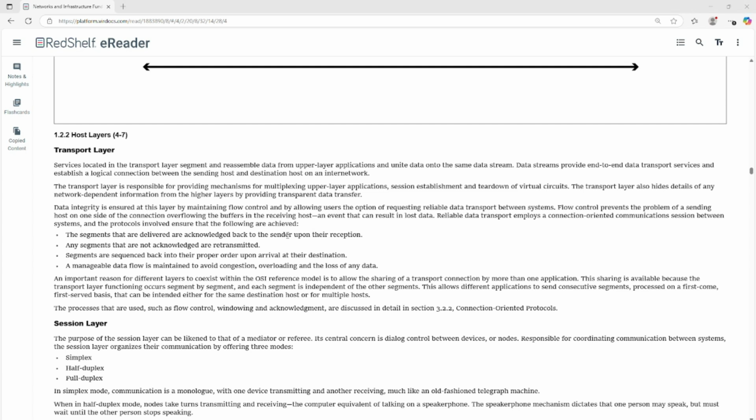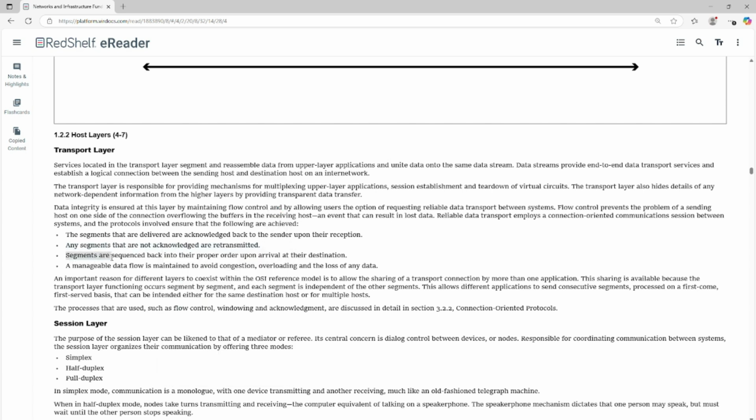And how is reliable data ensured? It is ensured when the segments that are delivered are acknowledged back to the sender upon their reception. Any segments that are not acknowledged are retransmitted, so it does retransmission as well.